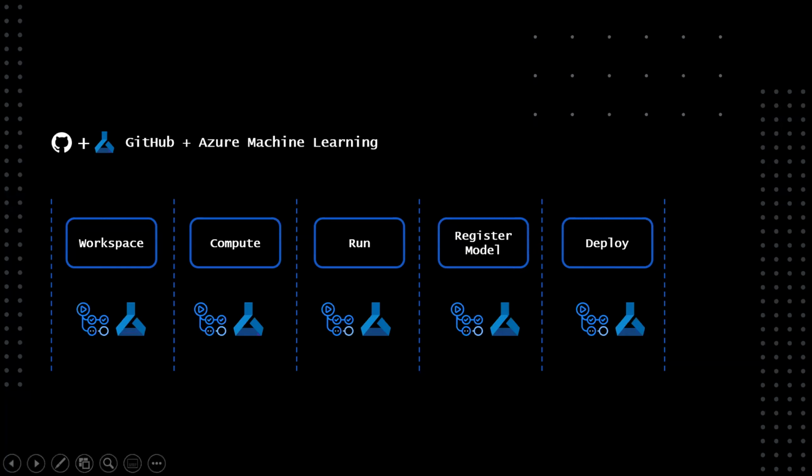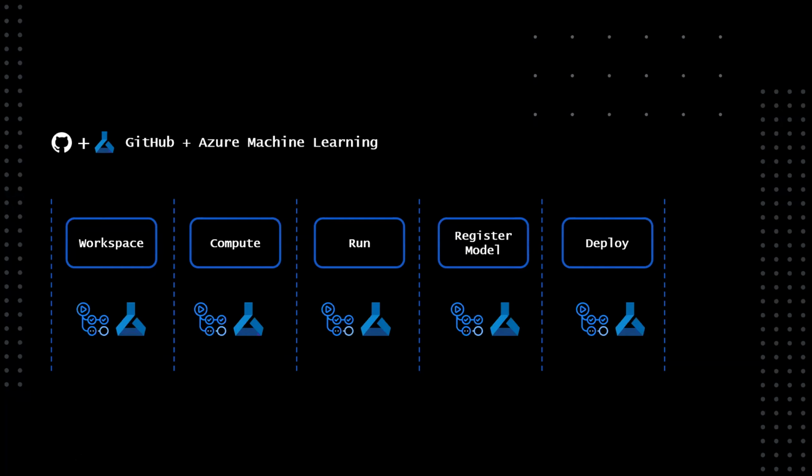First one, the workspace action, which you can use to create a new Azure Machine Learning workspace or connect to one. Then we have a compute action, which handles all compute target related tasks. Then we have a run action, which you can use to submit just a training script or a complete pipeline of training scripts to Azure Machine Learning and execute it somewhere else.